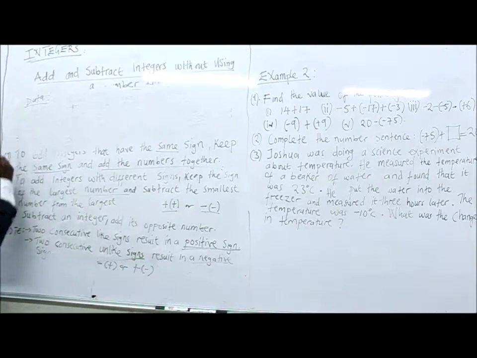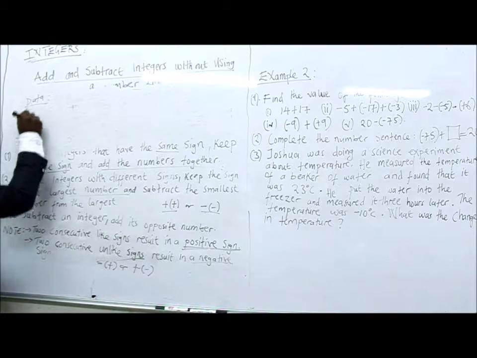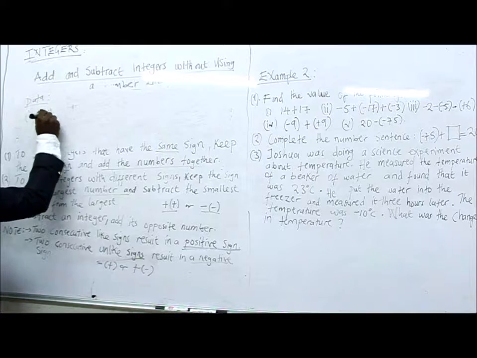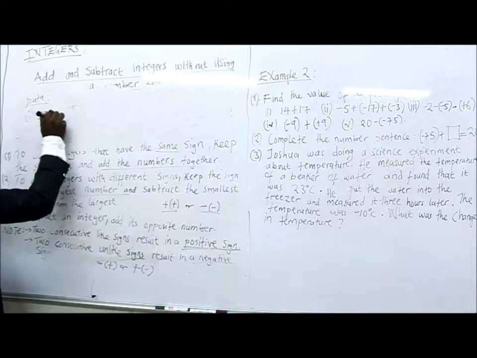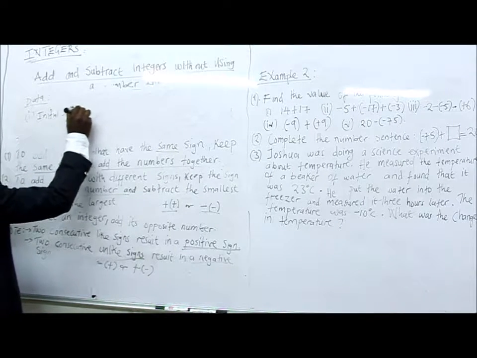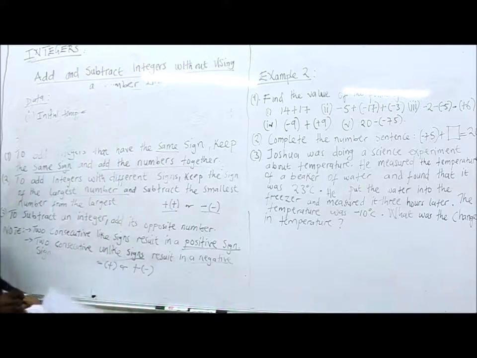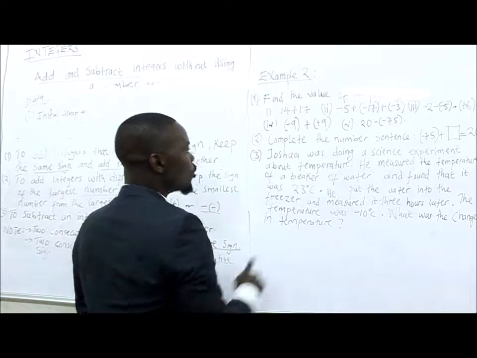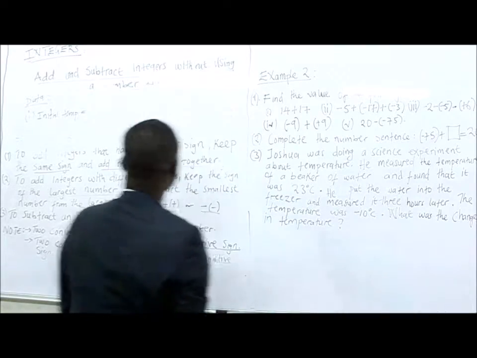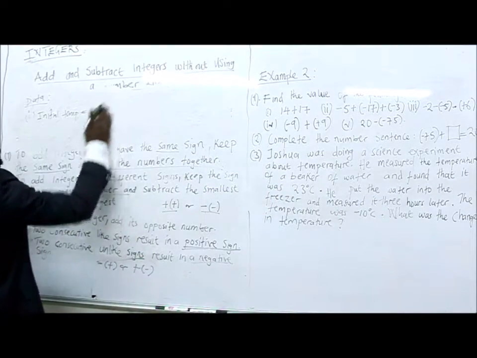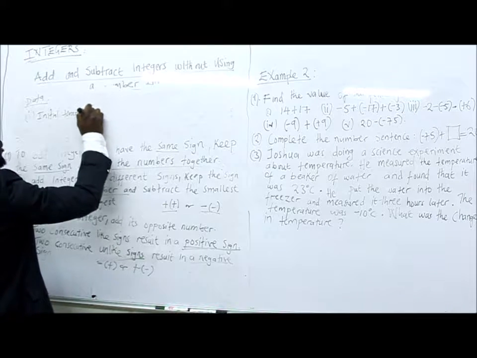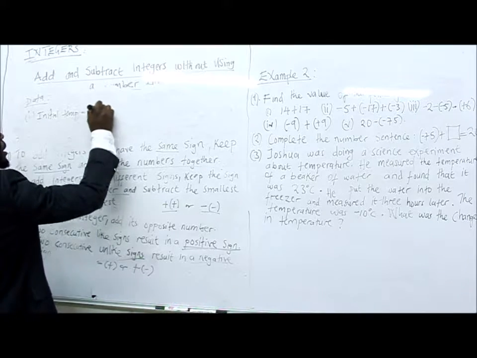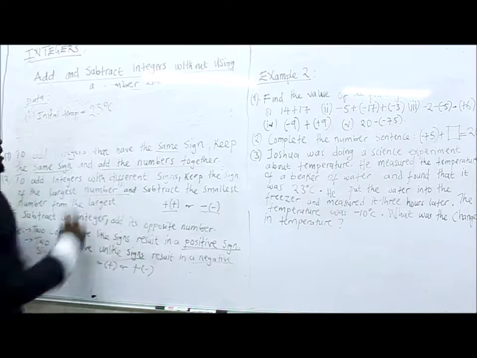So one, we know that the initial temperature is 23 degrees Celsius, because he found that it was 23 degrees Celsius. So Joshua found that the water which is put in the freezer is 23 degrees Celsius.